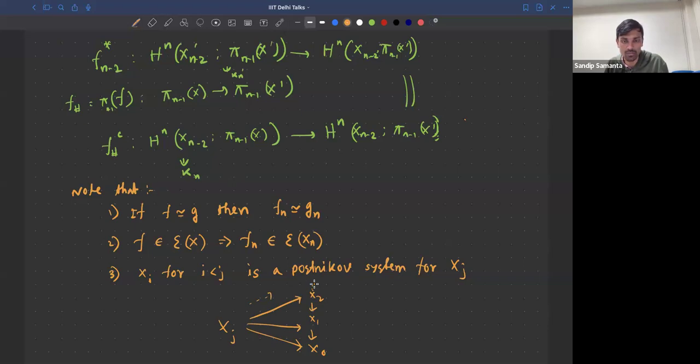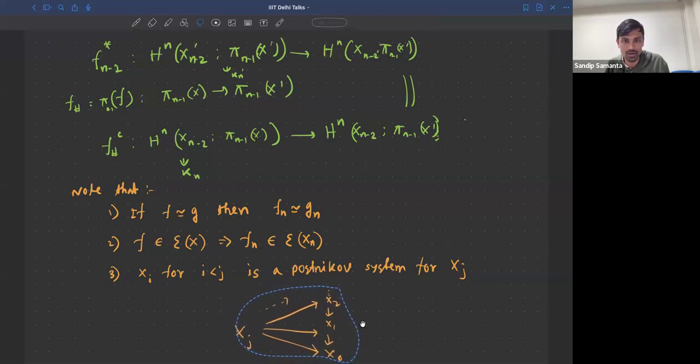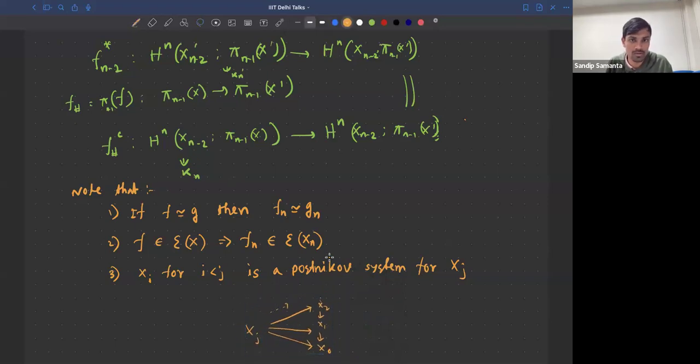So these are basically after X_{j-1}, those are identity maps at this level. So I have X_{j-1} at some level, and after that all the spaces are X_j, and these are identity maps.